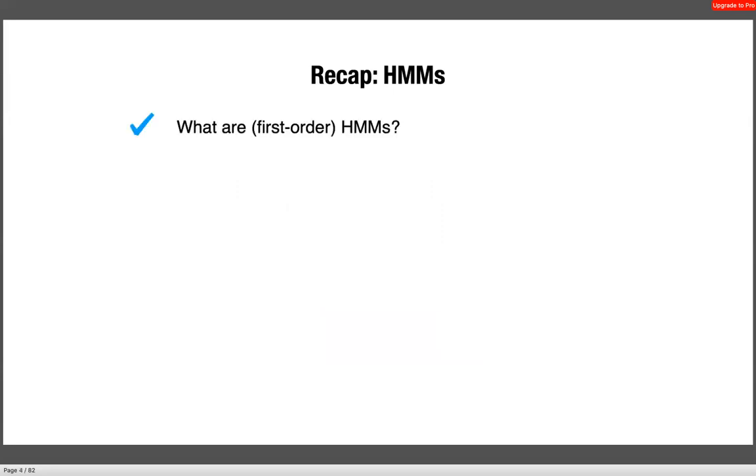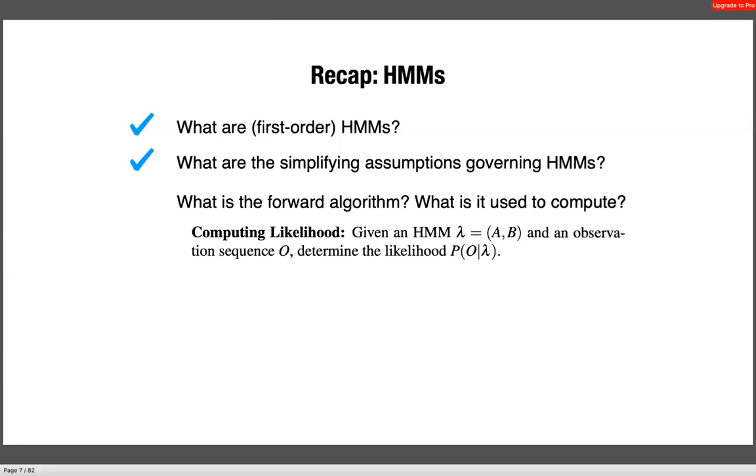In the last module, we covered HMMs, and we essentially laid out the definition of HMMs: what are the simplifying independence assumptions that are made in HMMs, which make lots of these computations much simpler and allow us to factorize various probability distributions in very tractable ways.